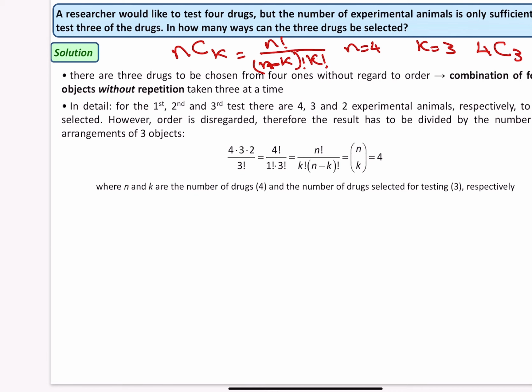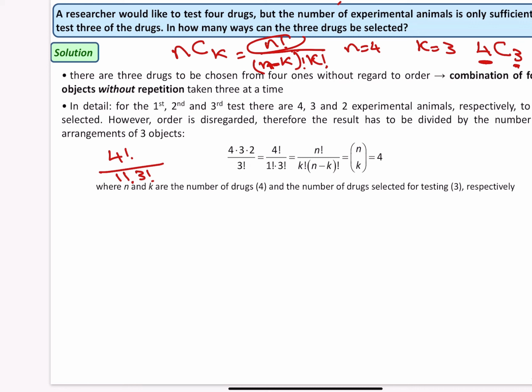So n factorial means 4 factorial, divided by n minus k, which is 4 minus 3, 1 factorial, and then times k factorial, which is 3 factorial. So 4 factorial can be expanded into 4 times 3 times 2, and here 1 factorial, we ignore it, and the 3 factorial.